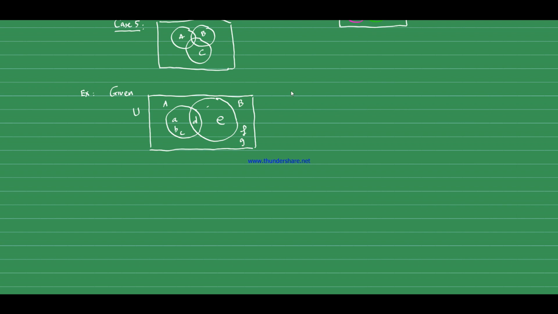So the question for this example is this. Determine the universal set and set B. Easy here, you just need to observe this picture and you can get the elements out of it.